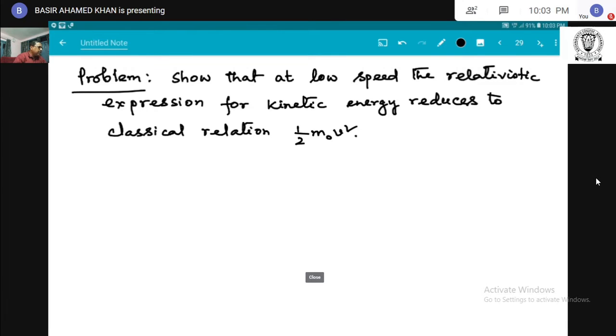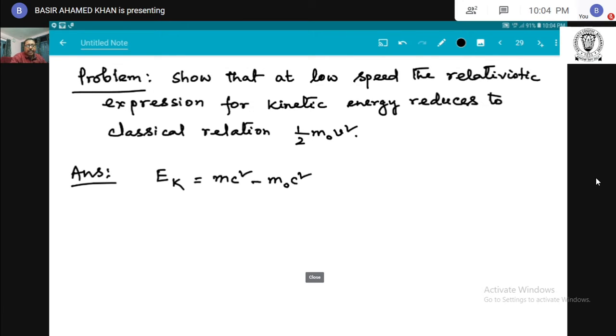The answer: relativistically, the kinetic energy Ek of the particle is given by Ek equal to mc square minus m0 c square. This is the total energy and this is the rest energy. Total energy minus rest energy equals kinetic energy.